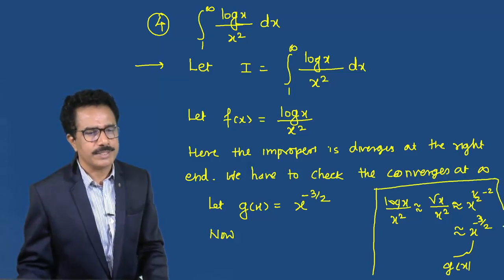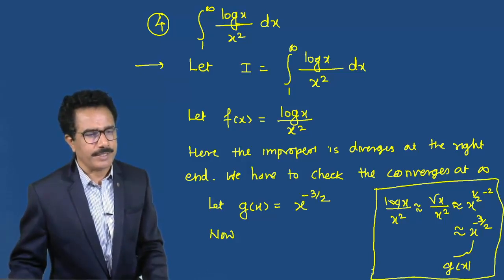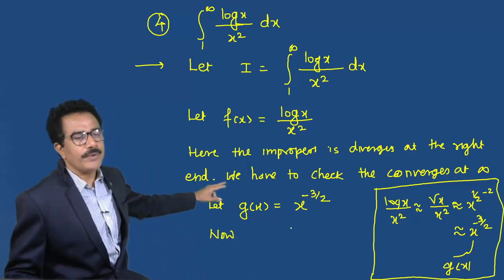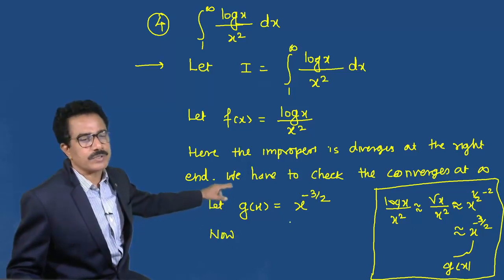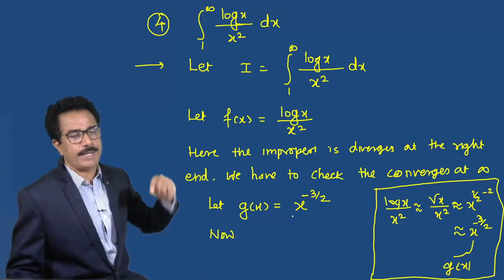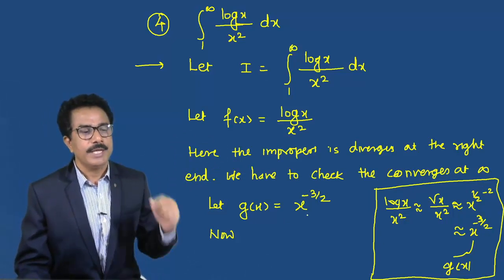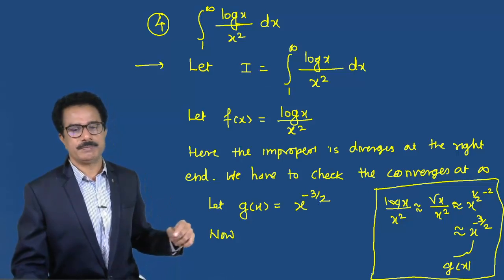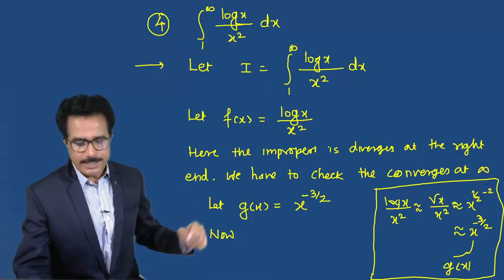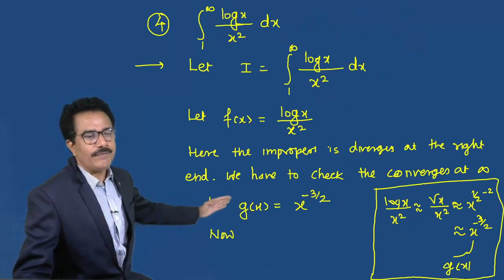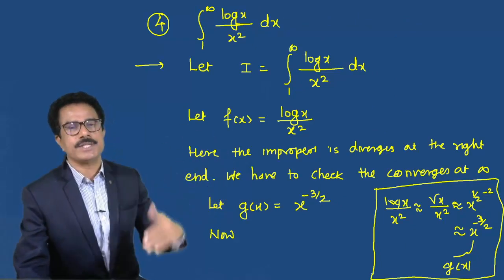We consider g of x is equal to x raised to minus 3/2. Now here, see this, if g of x is equal to x raised to minus 3/2, then we have to take the limit.